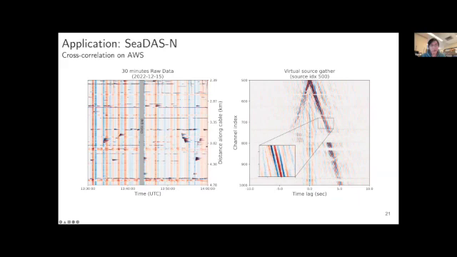It also shows the important role cloud computing can play in processing the huge amount of data that DAS generates. These powerful tools accelerate the group getting this image of a virtual source gather on the right-hand side. We will further analyze the dispersion of the surface wave and probe the subsurface structure underneath the cable. It also makes it possible to have real-time shallow Earth monitoring on the cloud using this DAS data.